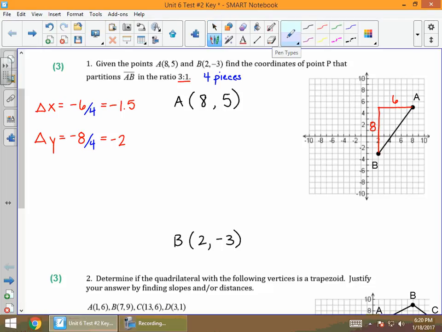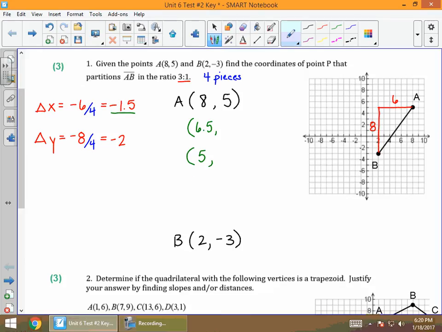Okay, so how do I change my x's? My x's change by negative 1.5. So I'm going to subtract 1.5 from my x value. My x value is 8. Subtract 1.5. 8 minus 1.5 is 6.5. And then I do it again. Subtract 1.5 again. 6.5 minus 1.5 is 5.